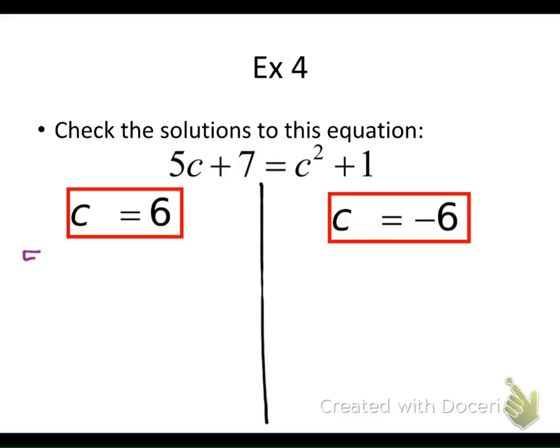So I'm going to rewrite my equation. So it's going to be 5 times, what do I plug in for C? 6 plus 7 equals, what do I plug in for C? 6 squared plus 1. Okay.